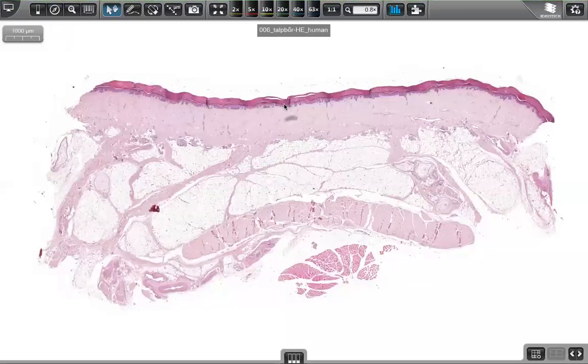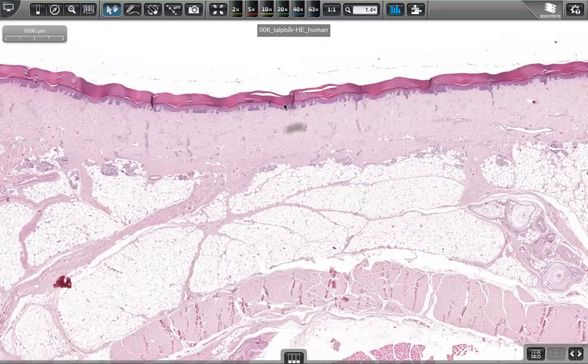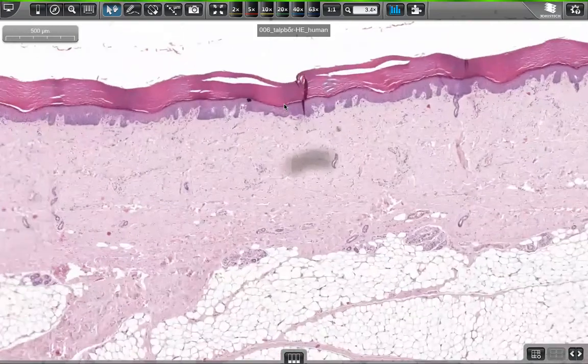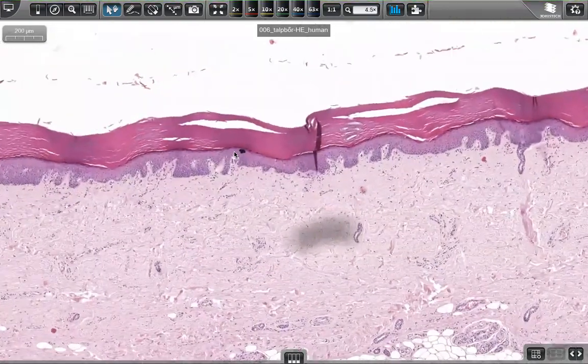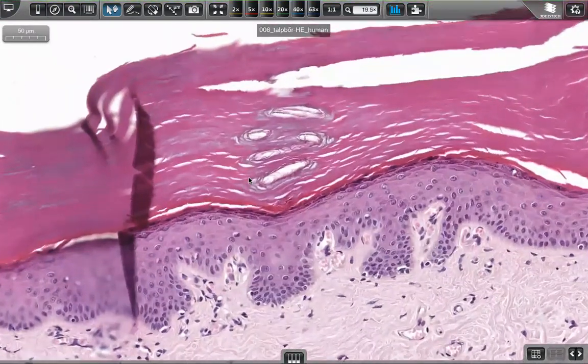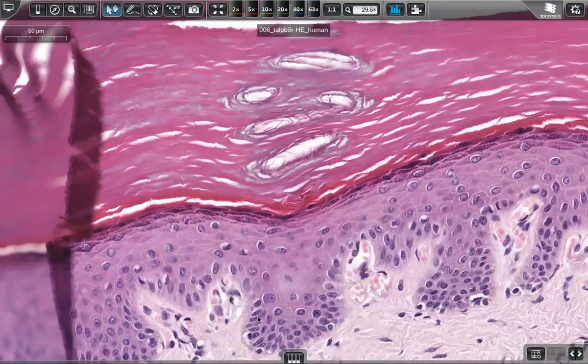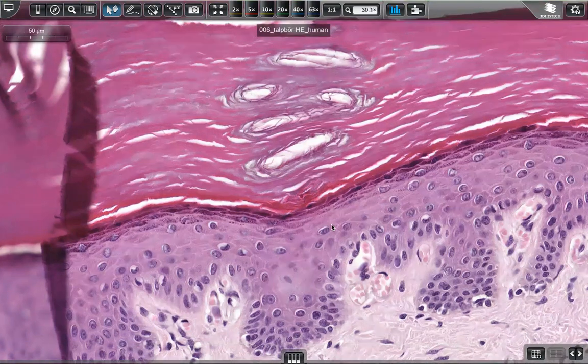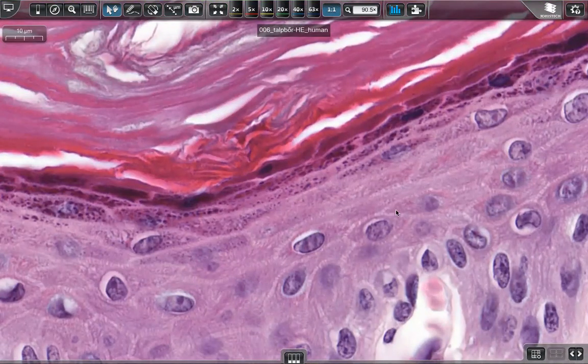Then also extremely important, the skin is covered by stratified keratinized and non-keratinized epithelium. So here we can see it's a nice one. So the stratum basale, stratum spinosum, and you know the exact shape of these cells is caused by the desmosomes connecting the cells.